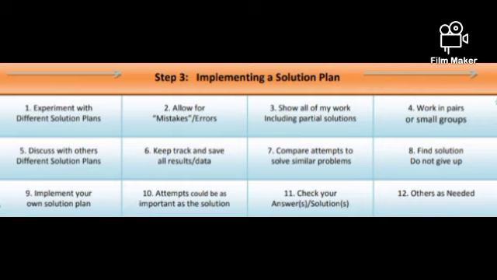And number two, allow for mistakes or errors. This means that there is no perfect plan.